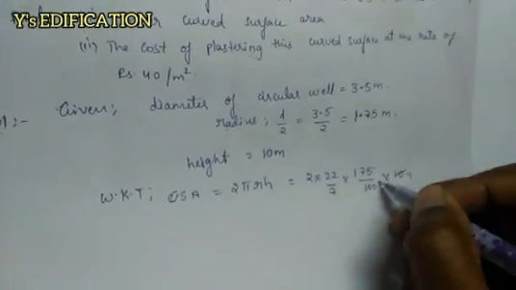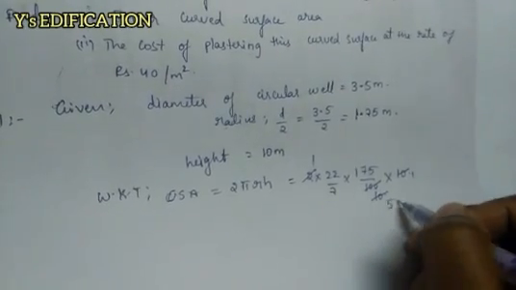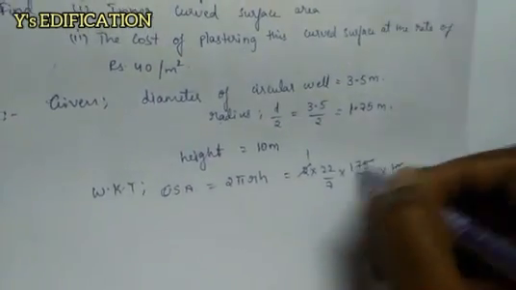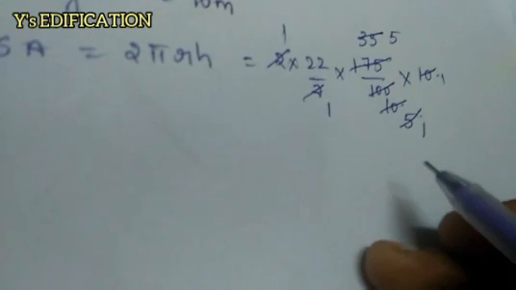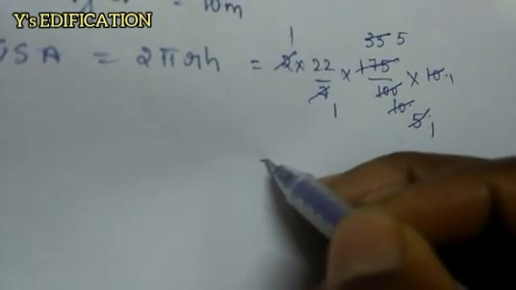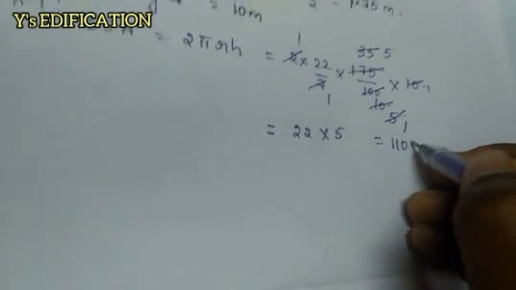Now cancelling the terms, what is left here? 22 into 5. So what is 22 into 5? 110 meter square. So this is the curved surface area.